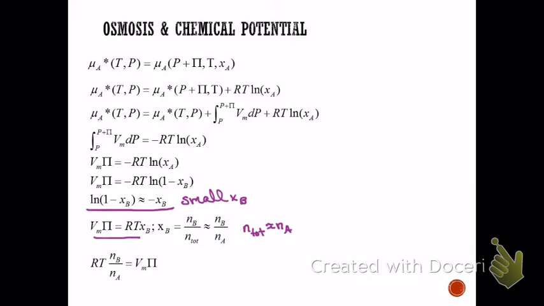And then noting, as before, that because the number of moles of B is small, the total number of moles is roughly equal to the number of moles of A. And making that substitution for x sub B leads to our expression here that relates the ratio of the number of moles of solute to the number of moles of solvent to the osmotic pressure pi.